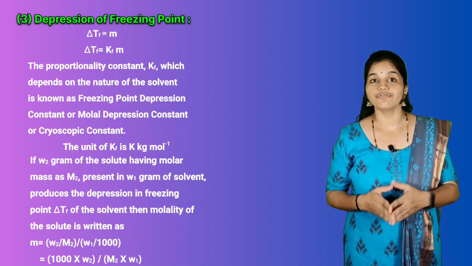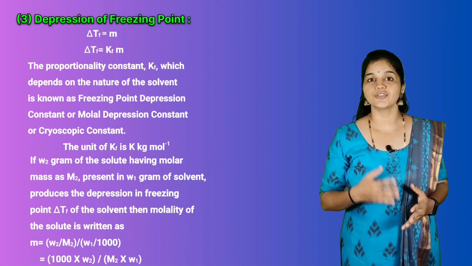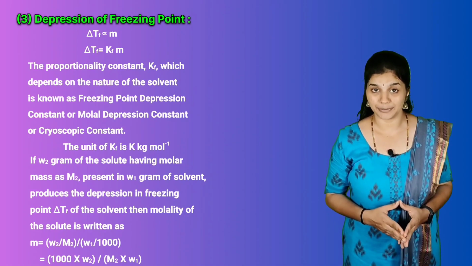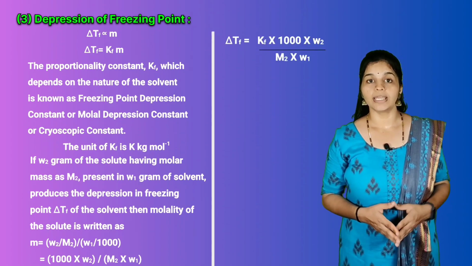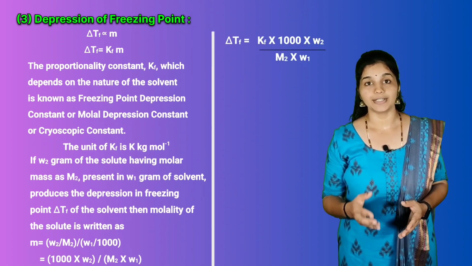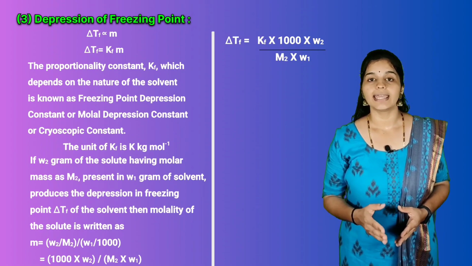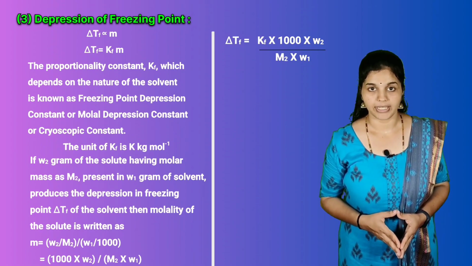Substituting the value of molality into the expression of depression of freezing point, we can write delta Tf is equal to Kf into 1000 into W2 divided by M2 into W1.